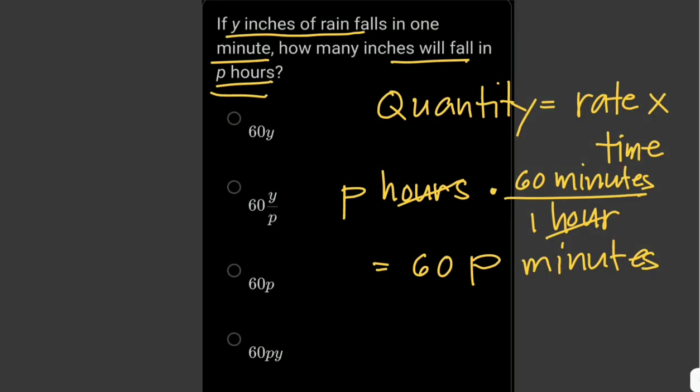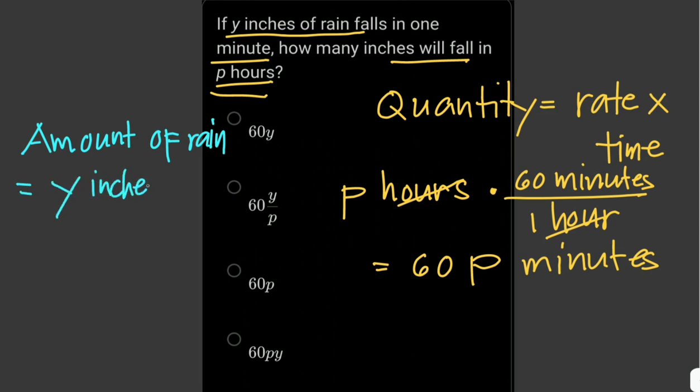And now we can solve for the amount of rain. So the amount of rain, or the quantity, is just equal to the rate, which is y inches per 1 minute, times the time, which is 60p minutes.